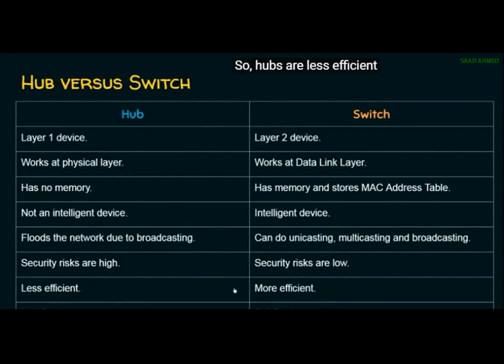So hubs are less efficient and switches are more efficient, and we know that hub always works in half duplex mode. It means hub can send and receive data, but not at the same time, while switch can do sending and receiving at the same time.